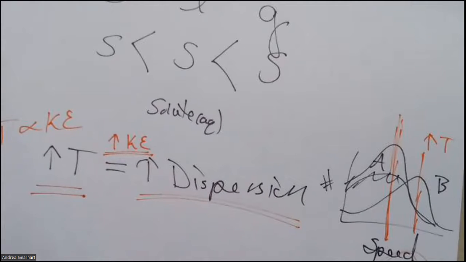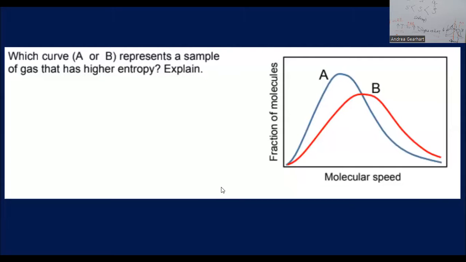Oh, but I was also going to say, also, the greater speed, there's a greater variety of different actual values, right? That's where the Maxwell-Boltzmann distribution comes from, that sample B has molecules that are this speed all the way over to the edge.